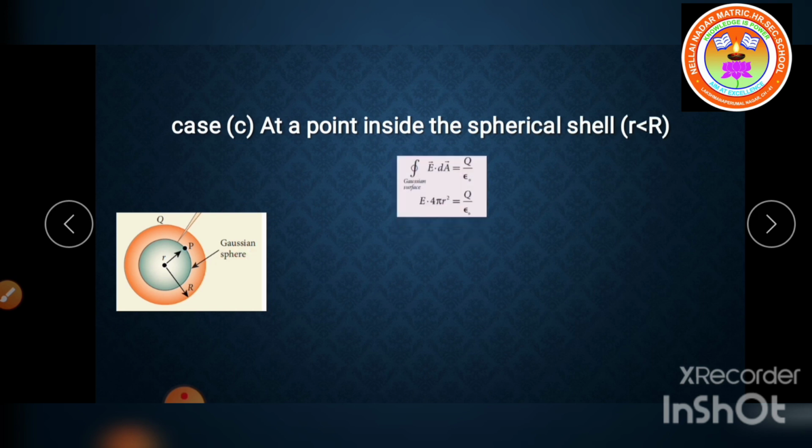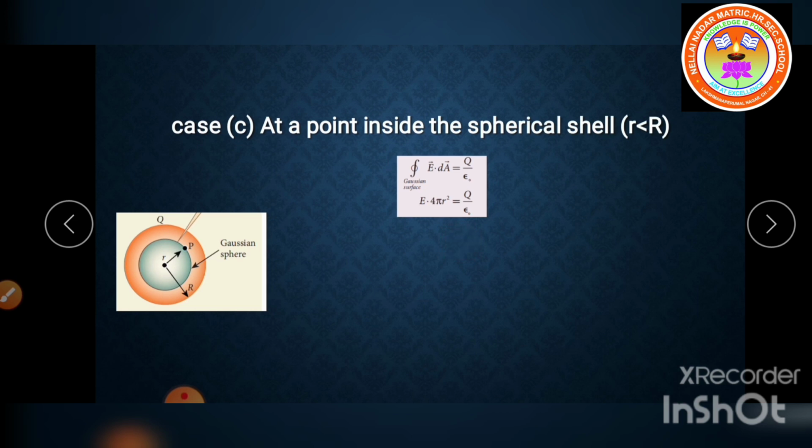If we apply the Gauss law, listen children, that is the closed integral over the Gaussian surface of E vector dot dA vector is equal to Q by epsilon naught. Here, in the last case we know that the closed integral of dA is 4 pi r square. So E into 4 pi r square is equal to Q by epsilon naught.